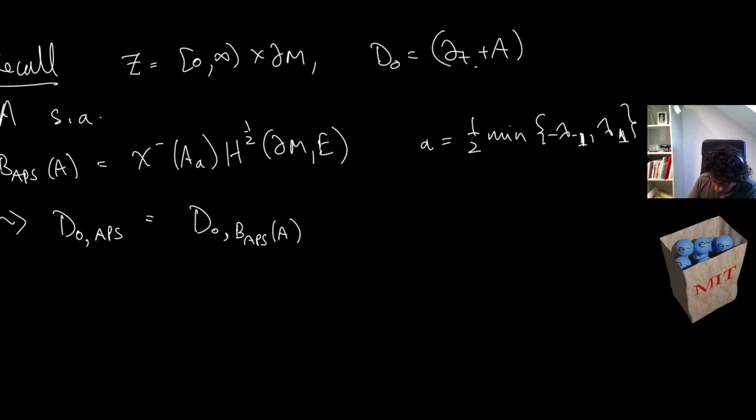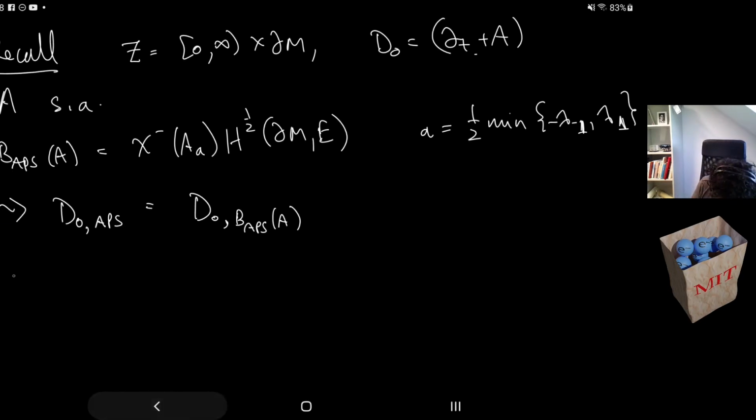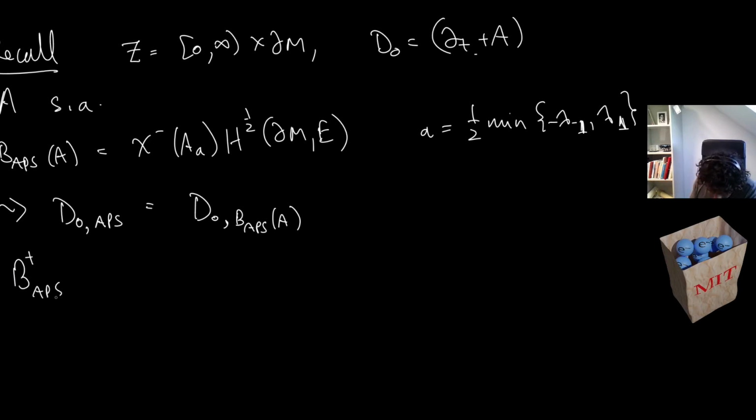Just for shorthand, we write this APS, and then the adjoint boundary condition APS. So the adjoint boundary condition is going to be what? This is equal to the negative of this adjoint. So the negative multiplied by this adjoint boundary condition is just going to be the positive eigenspaces.